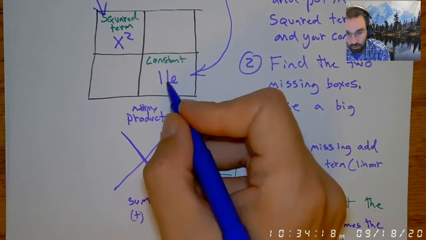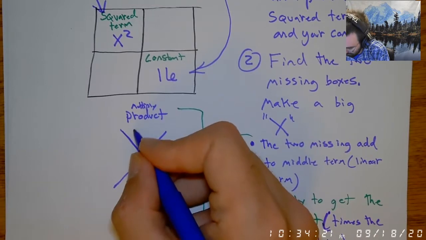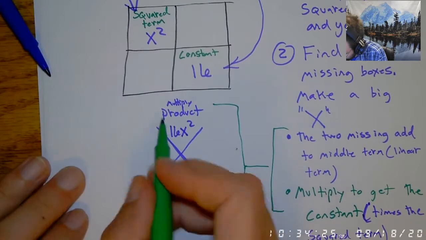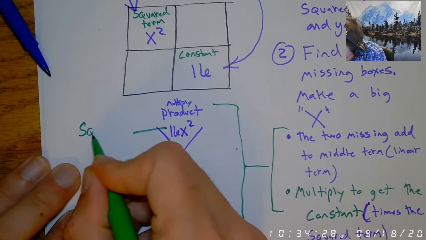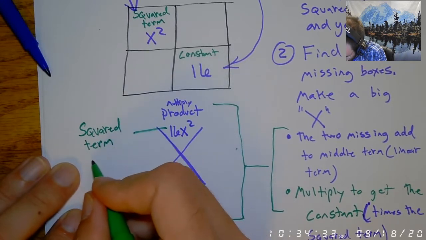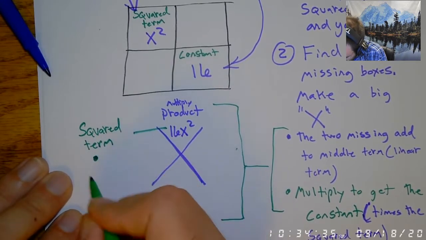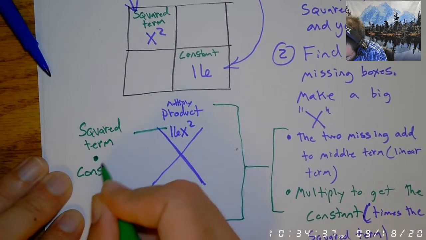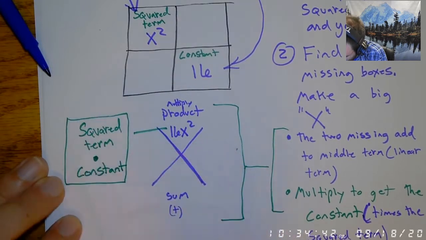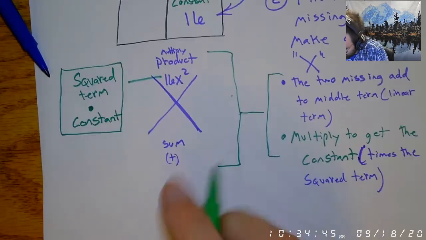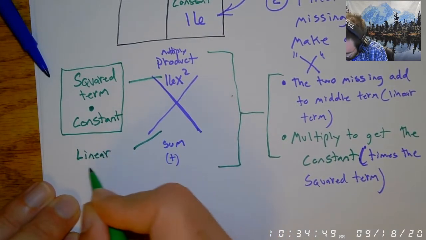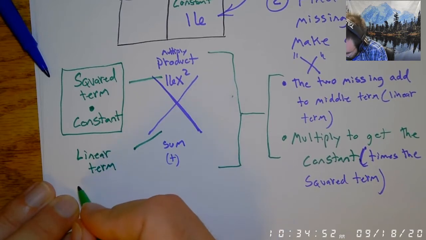But it's multiplied to get the constant times the squared term. So to do here, what we do is we go 16 times x squared. Okay, so this is the squared term times the constant. Okay, and then this one down here is just the linear term, or the middle one.